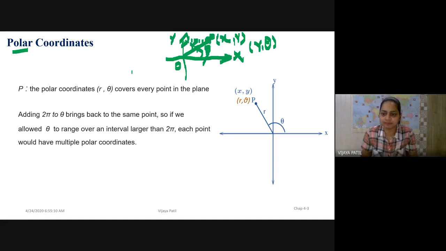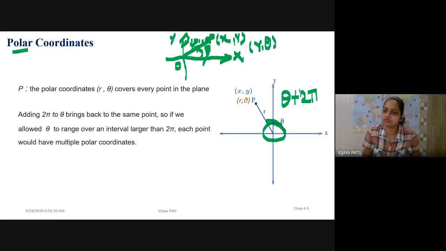Now there is one thing. If you observe here this theta, if I complete a full theta of 2 pi starting from here, and again I'm coming to the same place, that means I'm adding 2 pi to theta. What will happen because of this?